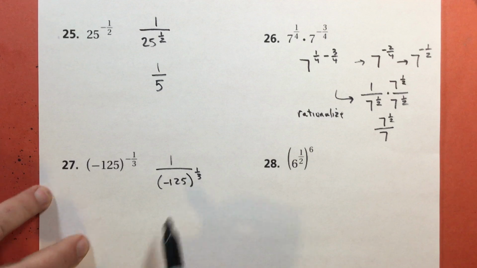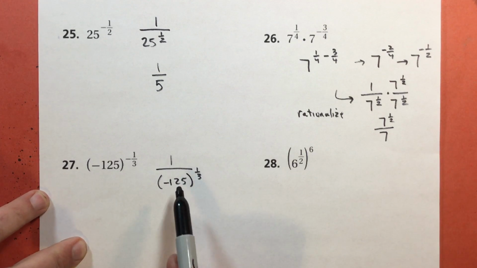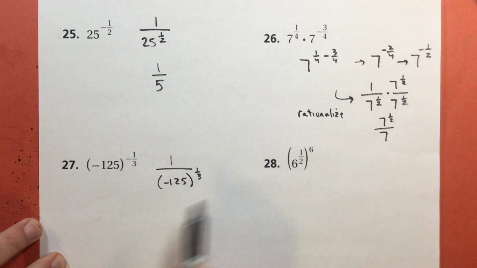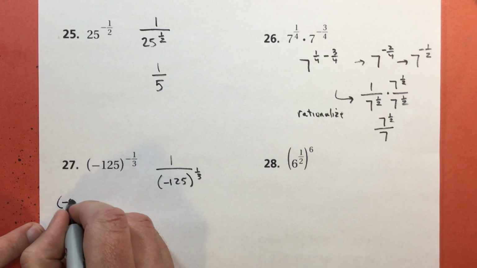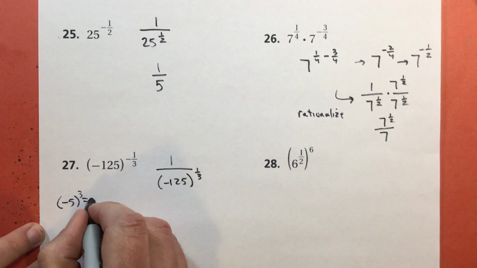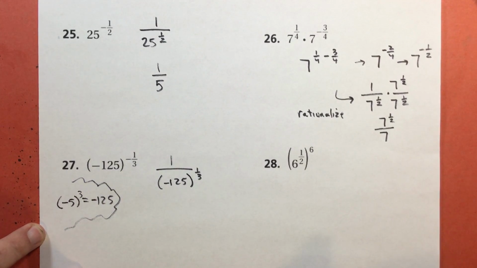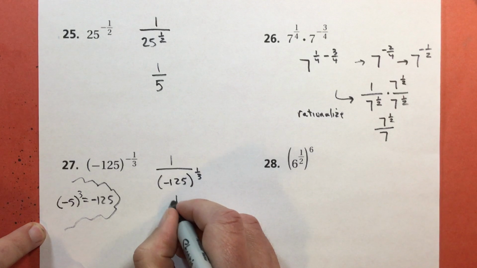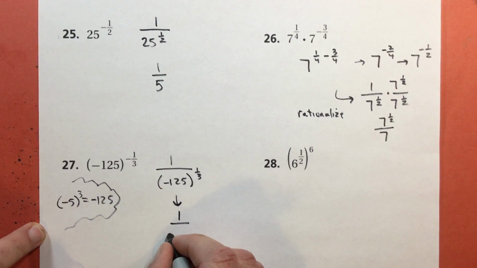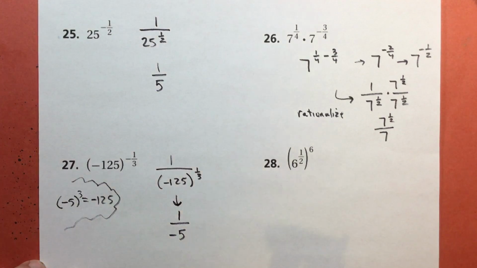Now I have to ask what number times itself again equals negative 125. I know that negative 5 to the 3rd power equals negative 125. Put a little cloud around that because that's just what's in my head. So this becomes 1 over negative 5. And unlike the last time, negative 5 is rational, so I can leave it as negative 5. That's perfectly okay.